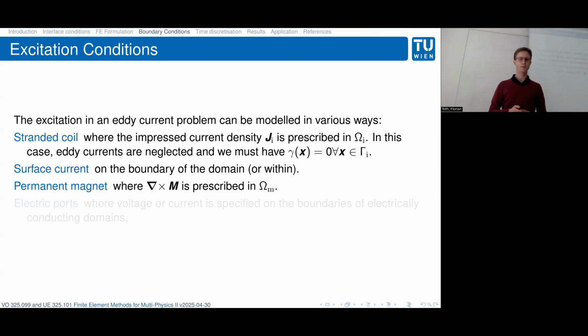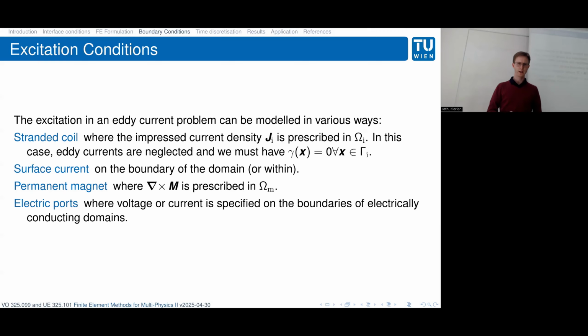Other forcing options are, of course, the surface current on the boundary of the domain, or permanent magnets where we have the curl of the magnetization prescribed in some known region. In fact, surface currents and magnetizations can also always be seen in an equivalent way.